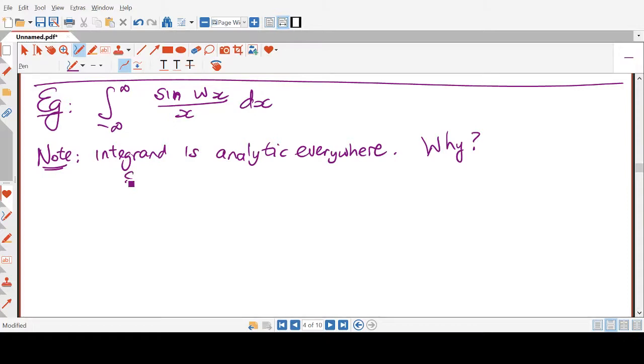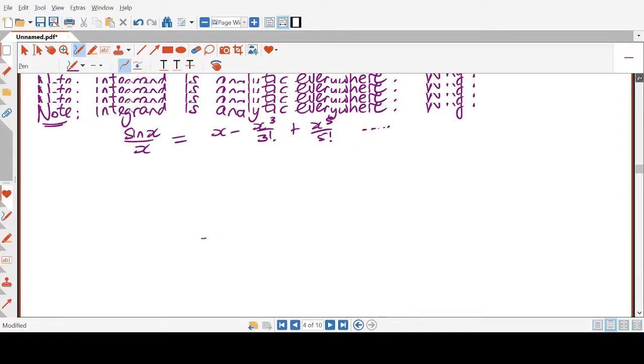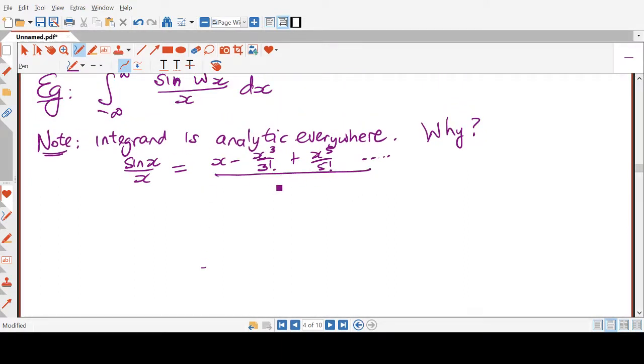Well, because if you take sine x over x, isn't sine x equal to x minus x cubed over 3 factorial plus x to the 5 over 5 factorial, minus and so on? And if I divide that by x, that's the Taylor series.